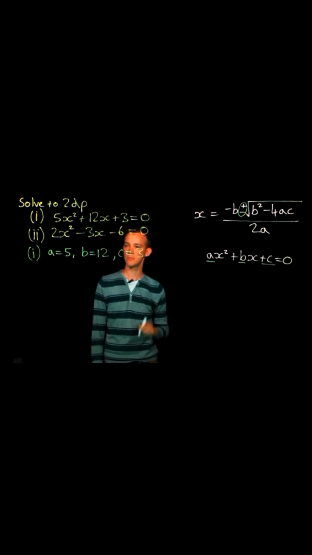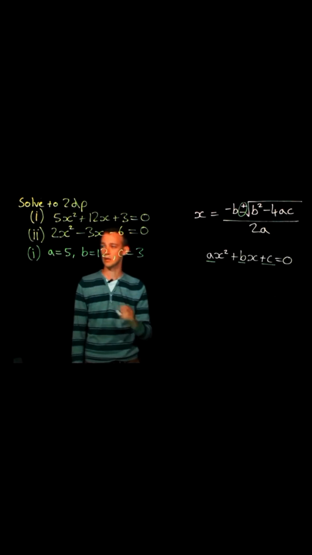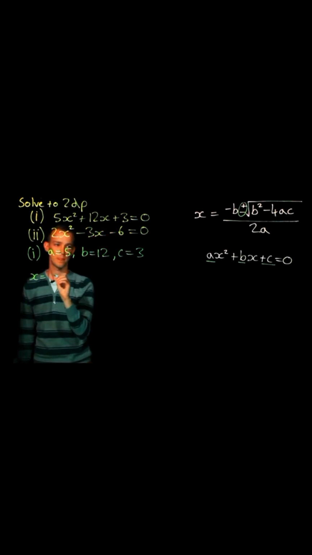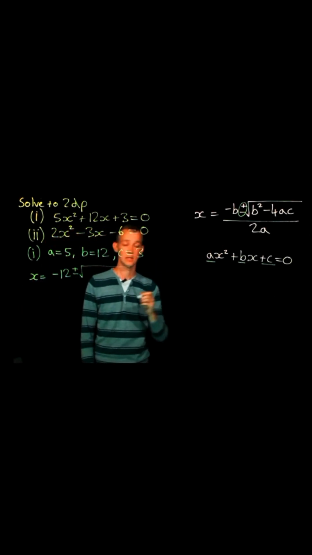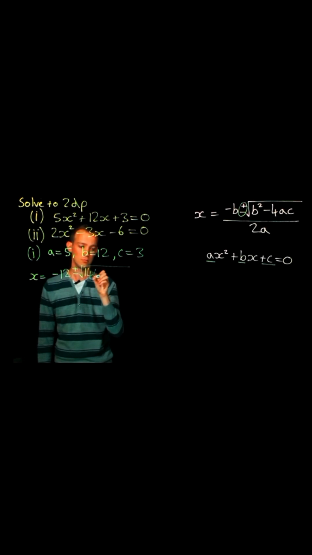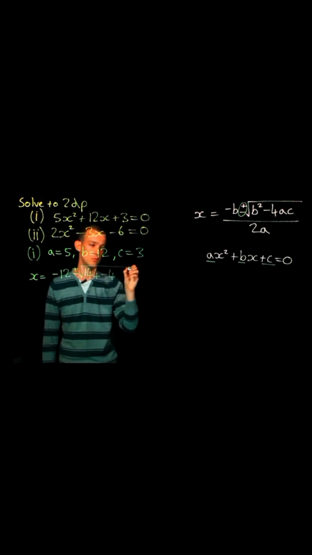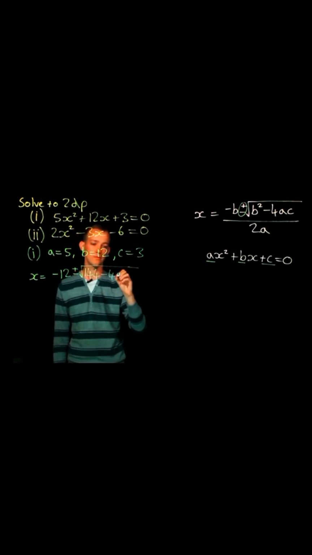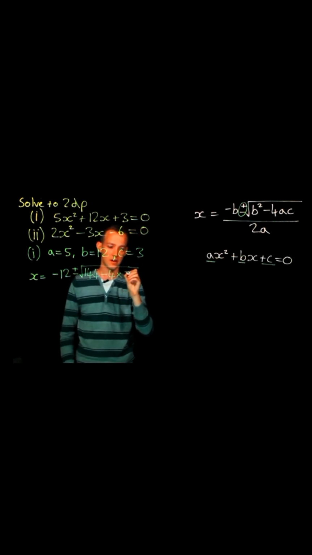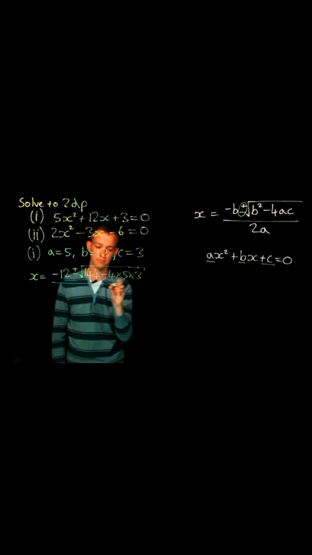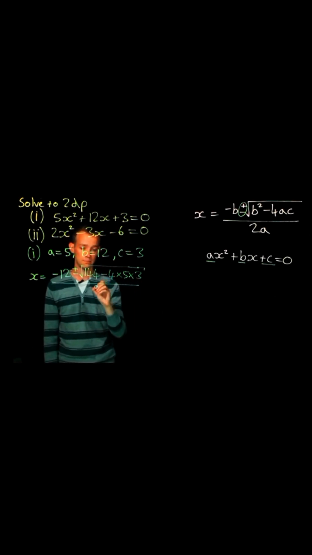Let's use my formula now. x is equal to minus 12, because it's minus b, plus or minus the square root of b squared, well that's 12 squared, which is 144, minus 4 lots of a times c, so that's 5 times 3. And we're dividing the whole thing by 2a, which is 10.